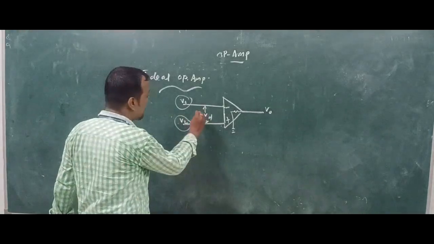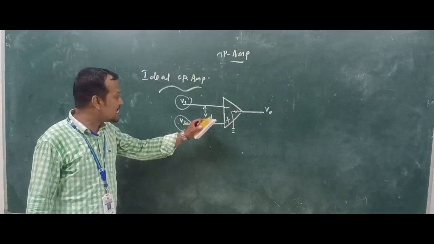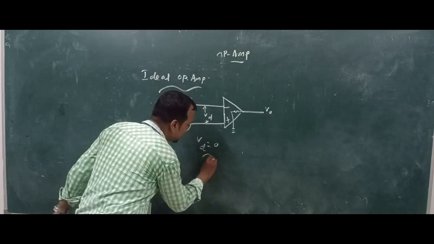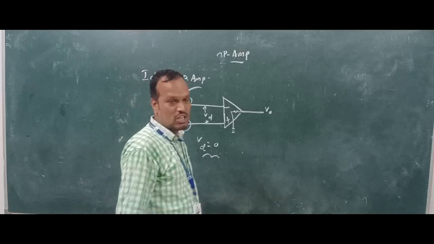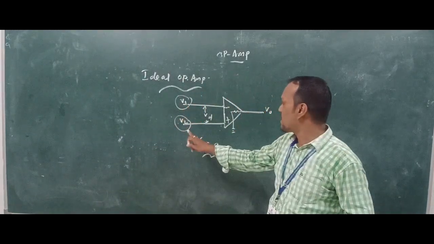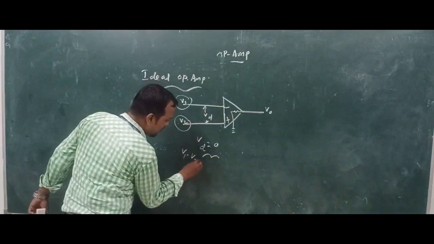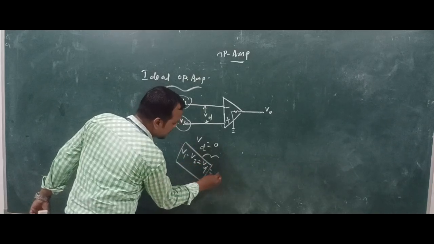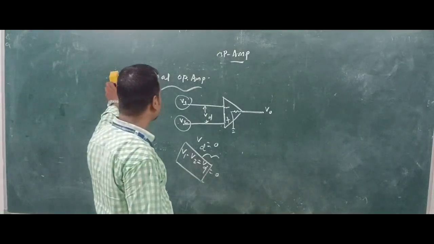If the difference between the two input terminals, that is Vd, is equal to 0, then we can say the op-amp is ideal. So understand, if the difference between the two input terminals, V1 minus V2, is equal to 0, or Vd is equal to V1 minus V2, which stands for 0, that is called the ideal op-amp.